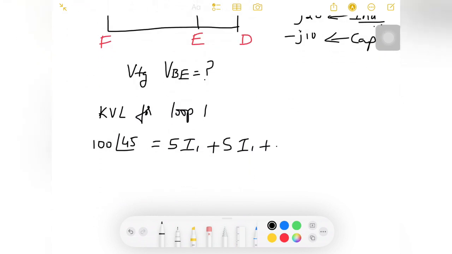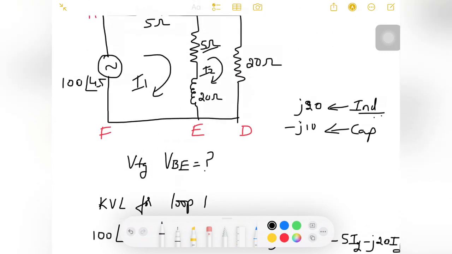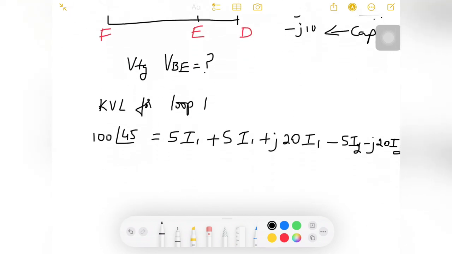I have taken both with respect to loop 1, which is positive. Now the current I2 is also acting, which I need to take as a minus: minus 5 I2 minus J20 I2. Sorry, both are I2. Because the loop current I2 is coming opposite to that, it will be taken as negative.